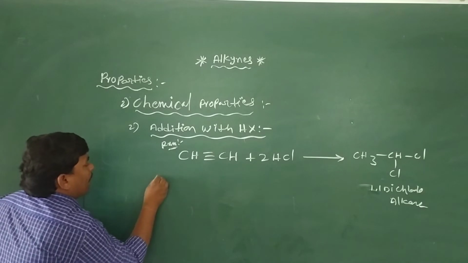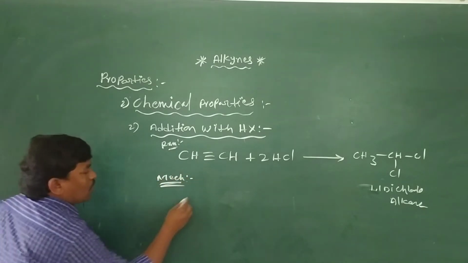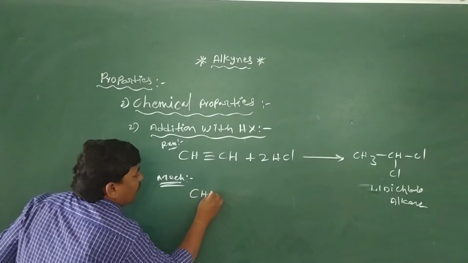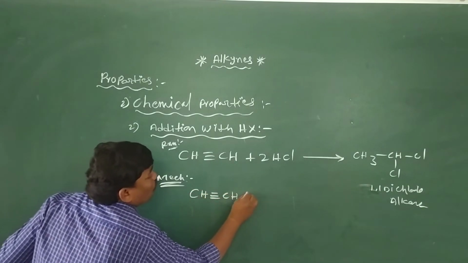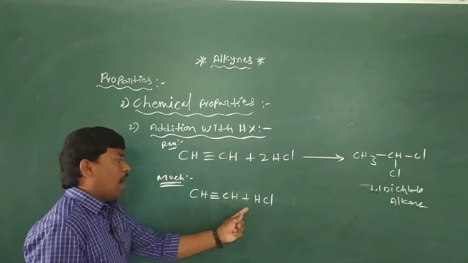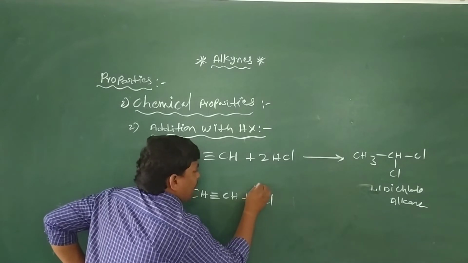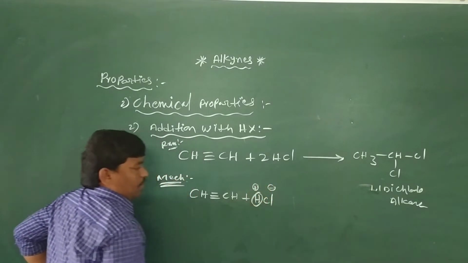And now the mechanism. First, the alkyne reacts with 1 mole of hydrohalide, HCl, that is H plus and Cl minus.